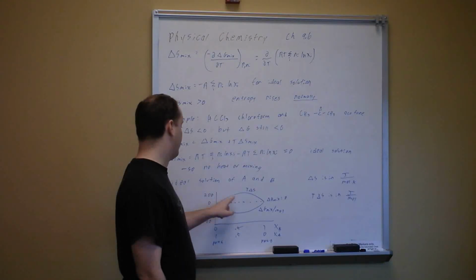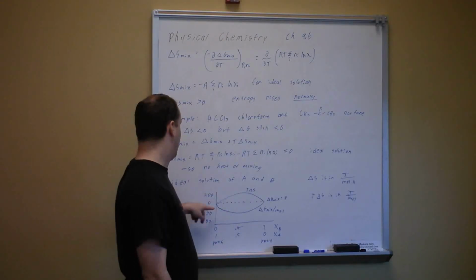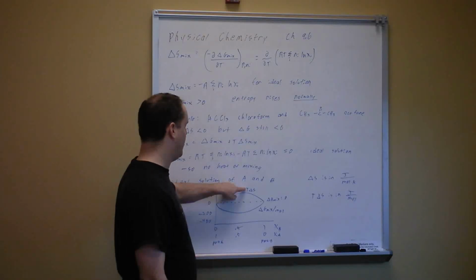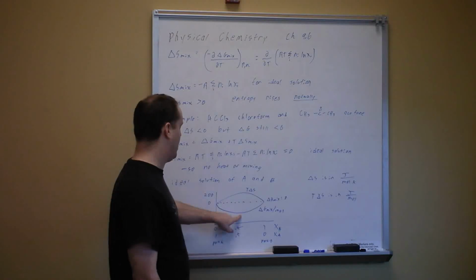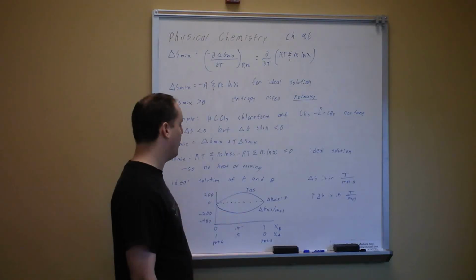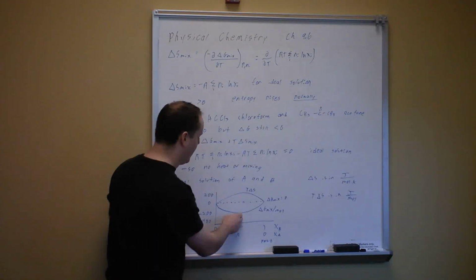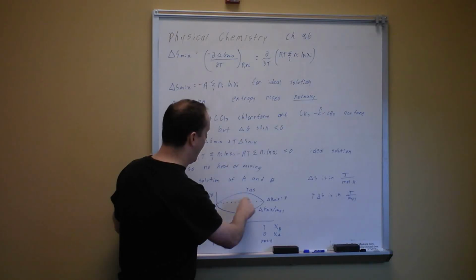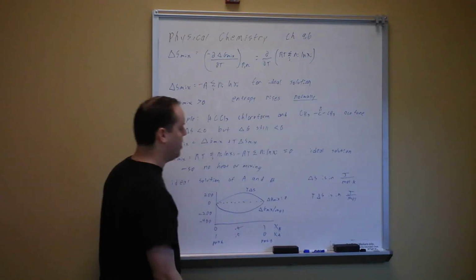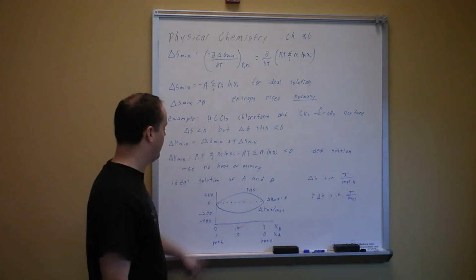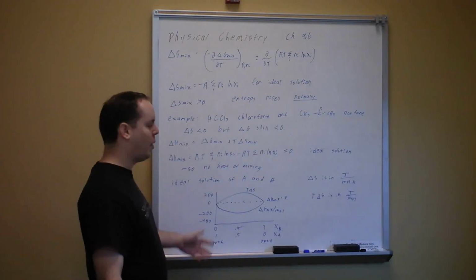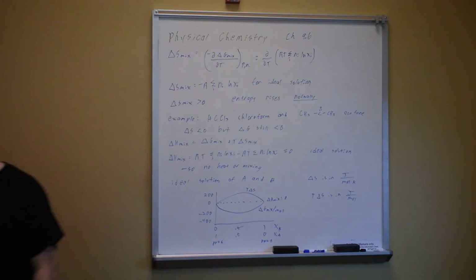For different mole fractions, up to a certain point, the T delta S term is going to be higher, but the delta G of mixing is going to be minimized at a certain mole fraction. I didn't draw this very well, but these two add up to delta H, which is equal to 0. Now remember, delta S is in joules per mole Kelvin, so this T delta S term is in joules per mole, molar energy.